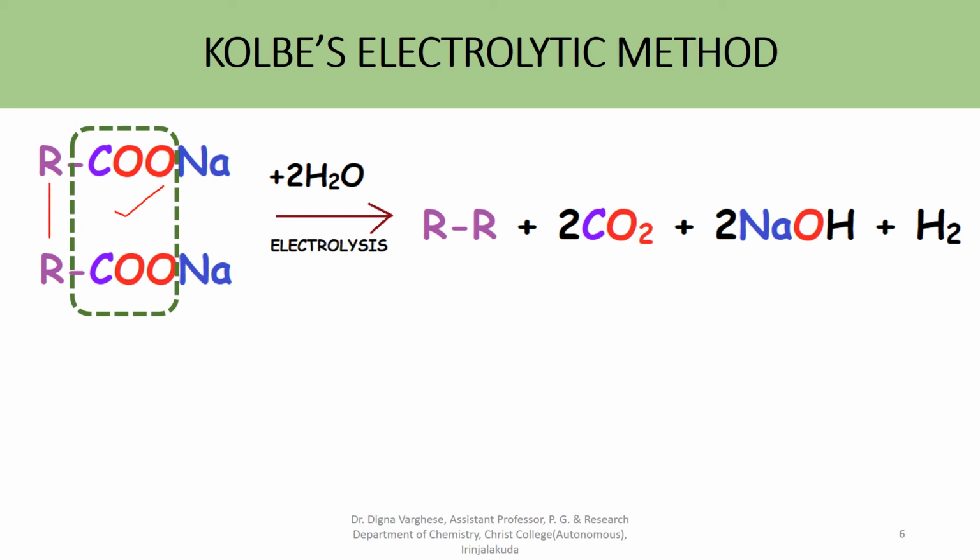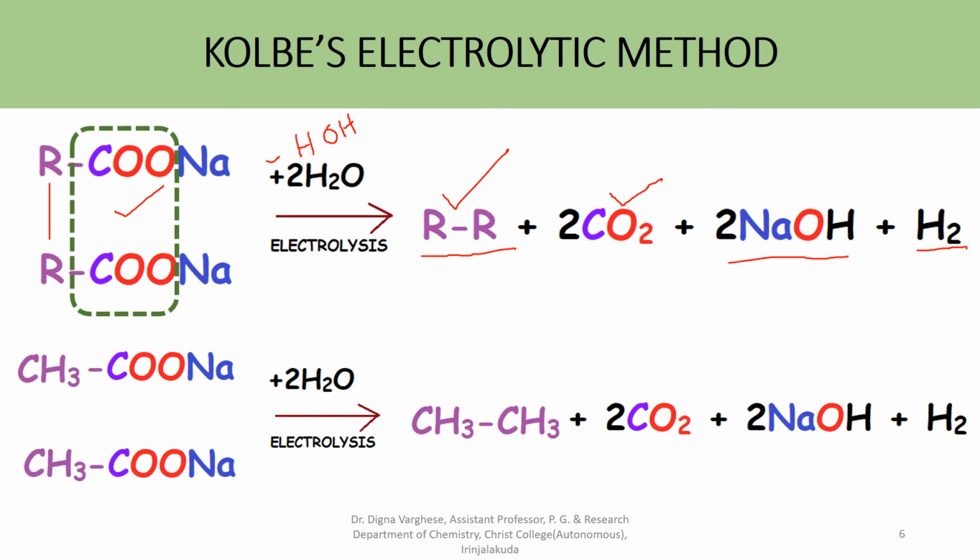By the removal of carbon dioxide, the two alkyl groups connect and form an alkane with an even number of carbon atoms at the anode. The sodium part is attached to the OH groups: 2 molecules of water form 2 NaOH, and the remaining hydrogen is liberated.